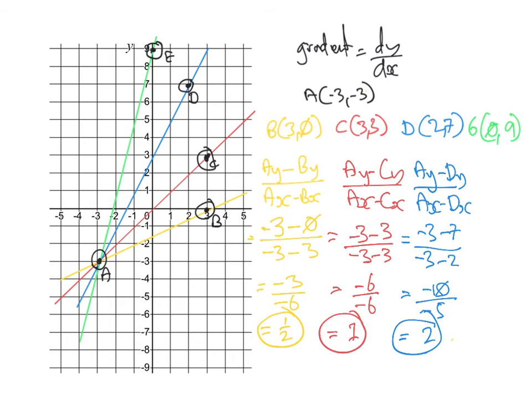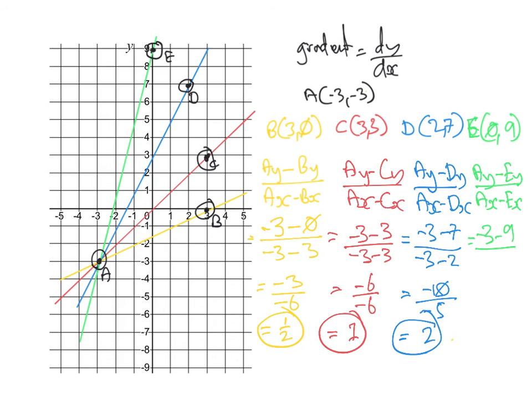And then last proof, let's do the green one. So we've now got the difference in y's between A and, this time, E. Why have I put G there? That should be an E. So Ey over the difference of the x components of A and E. The y component of A is negative 3, take away the y component of E, which is 9 this time.